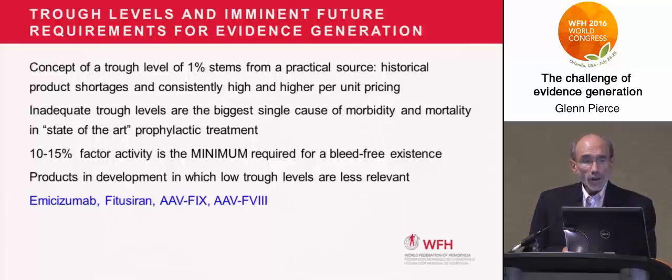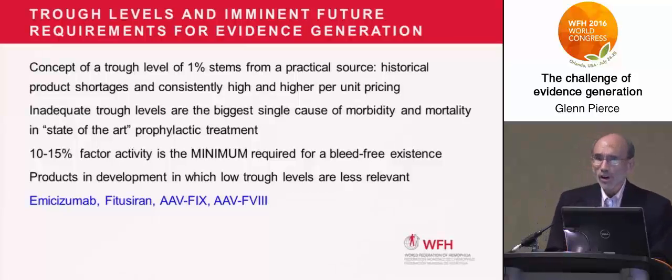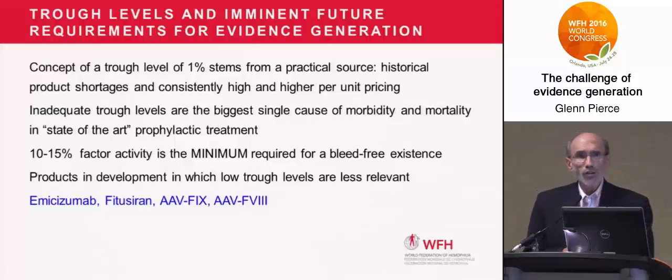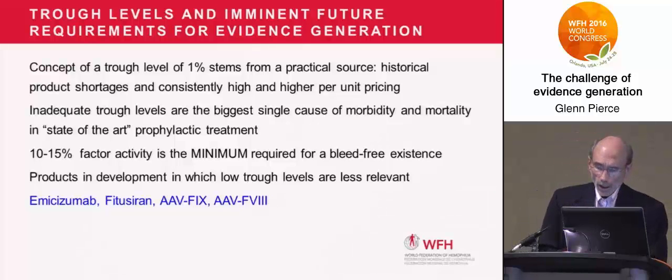And so the last example I'll give is the concept of trough level of 1%. And you know, that's something that has been established in the community over a long period of time. Historically, as prophylaxis regimens came into existence, it was based upon two things. One was a relative shortage of products.